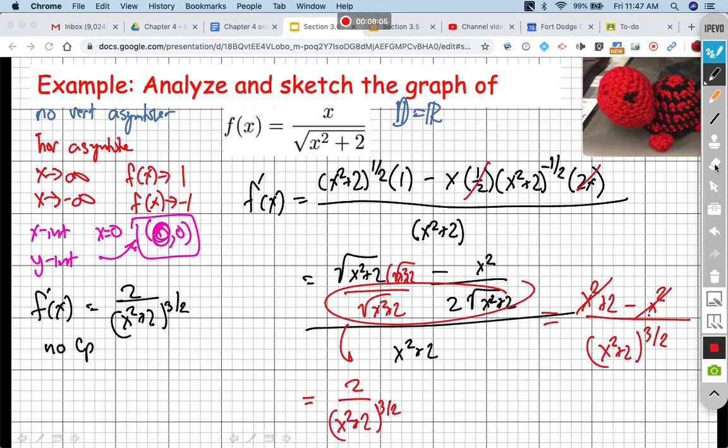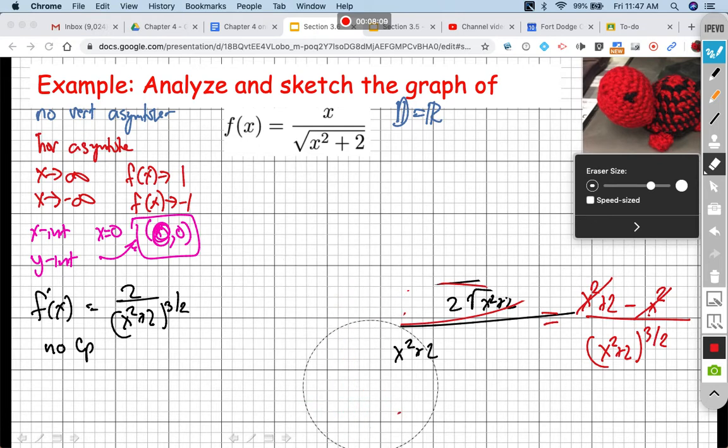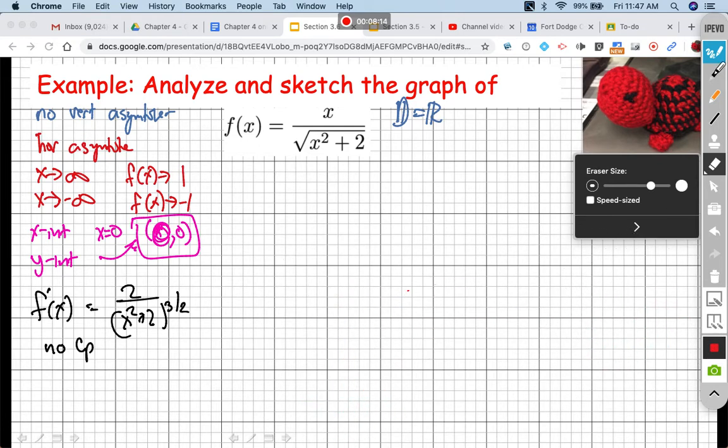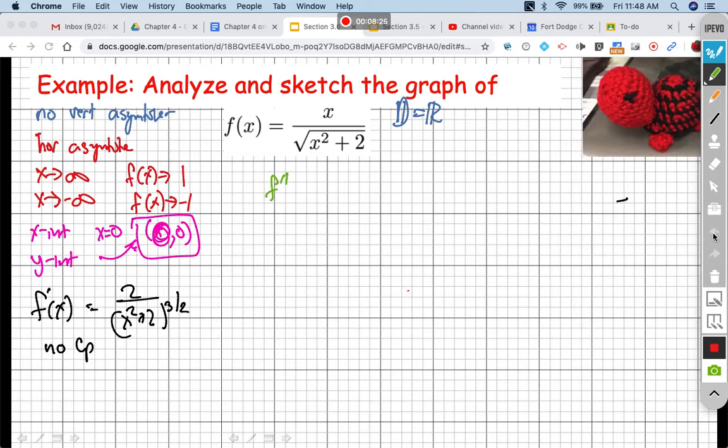So now let's look at the second derivative. Before I work on the second derivative here, I'm going to rewrite the first derivative to be 2 times x squared plus 2 to the negative 3 halves, so I don't have to use the quotient rule or anything like that.